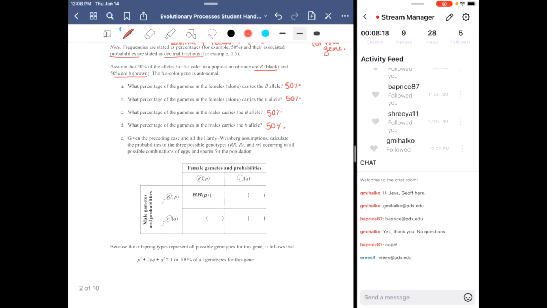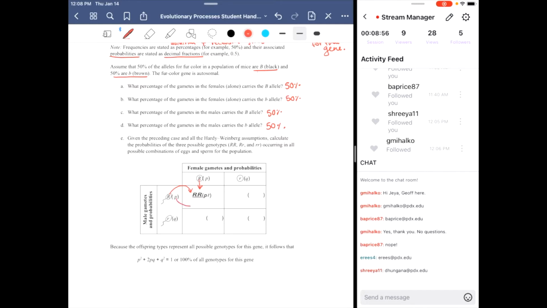So if we use that information and do a Punnett square, these are the female gametes, big R, little r, and we can also notate that by using P for dominant and Q for recessive. And if we use the male gametes, similar to the female one, big R, little r, also noted by dominant and recessive. So if we do the Punnett square, this big R goes here, this big R goes here to give us a big R big R gamete.